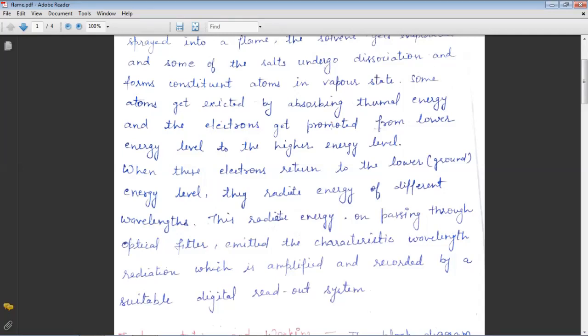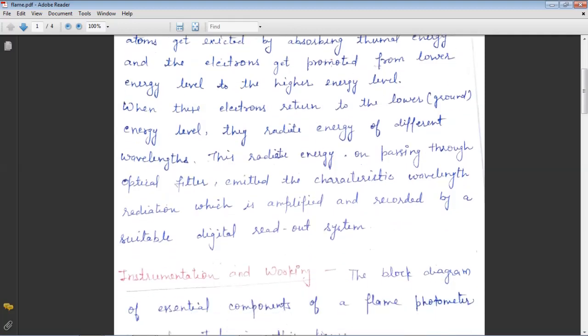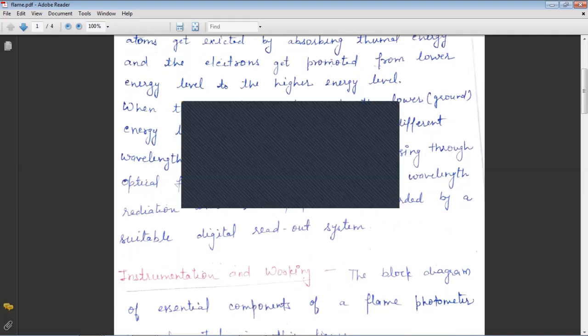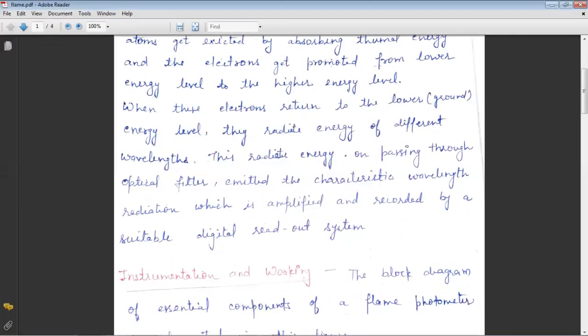So here this is the method, and here are the atoms, or we can say in short, the atoms of elements. Okay, firstly subjected to a hot flame. Clear? And then the specific quantum of thermal energy is absorbed by the orbital electron, right?